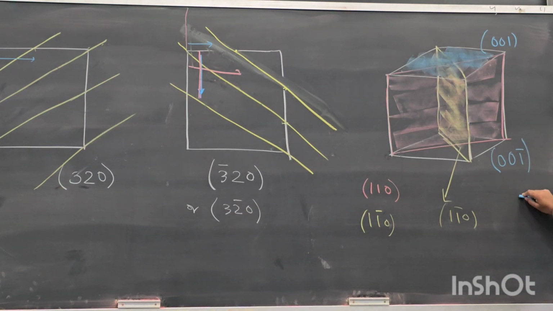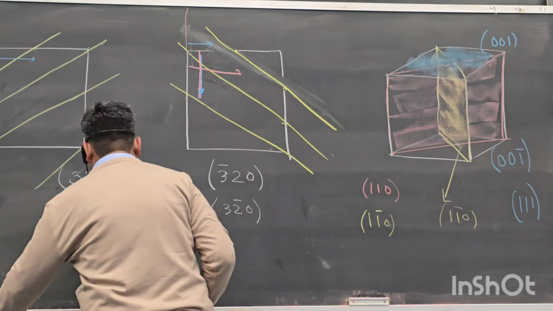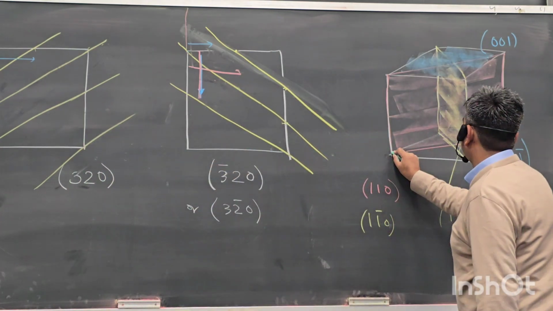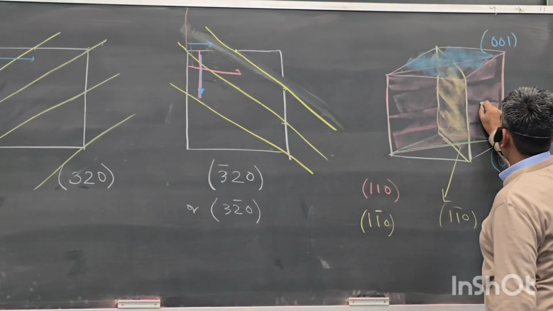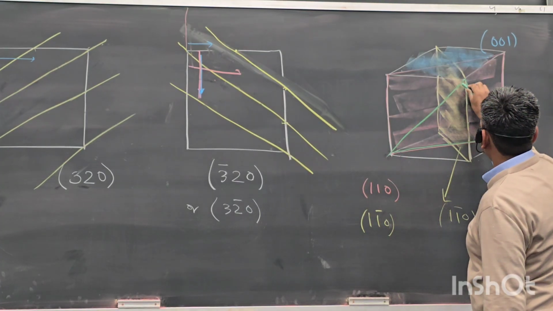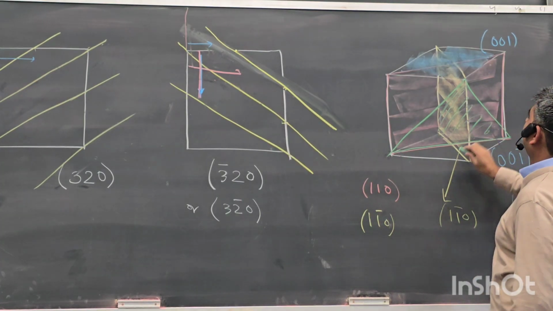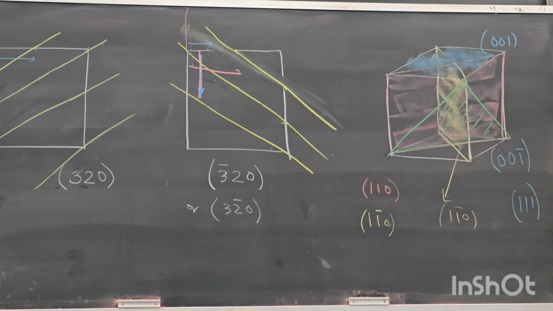What about 111? That will be this plane over here. Right, this plane, slanting plane.